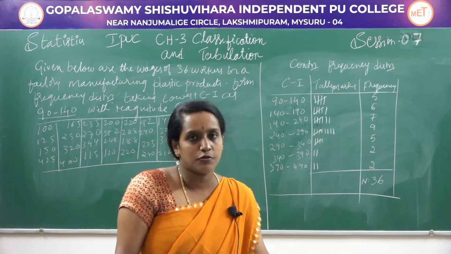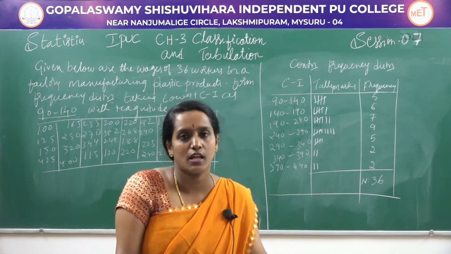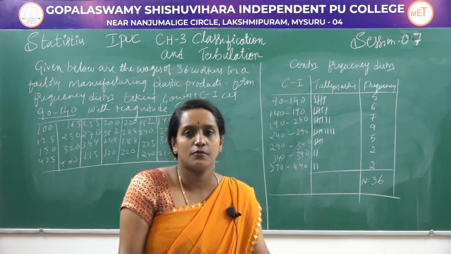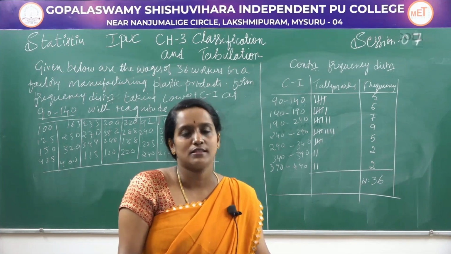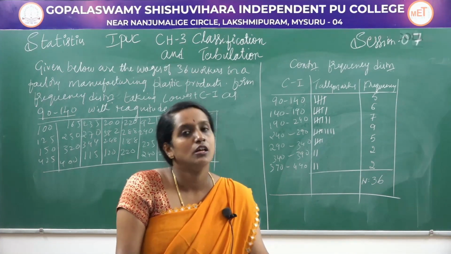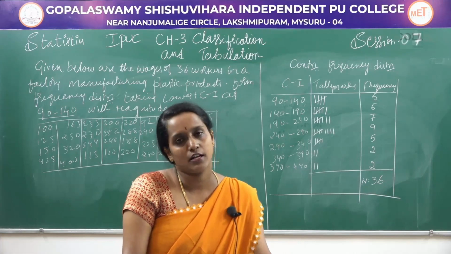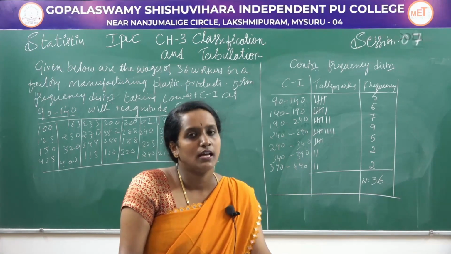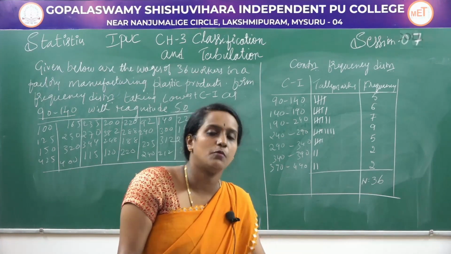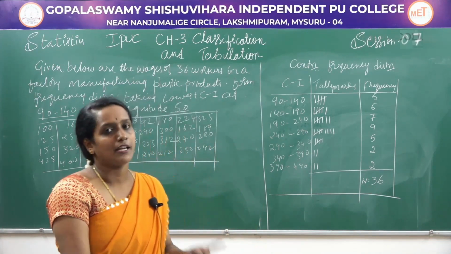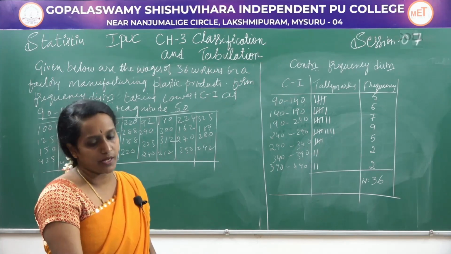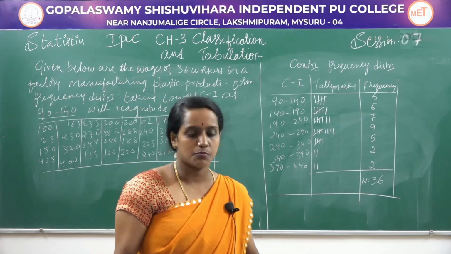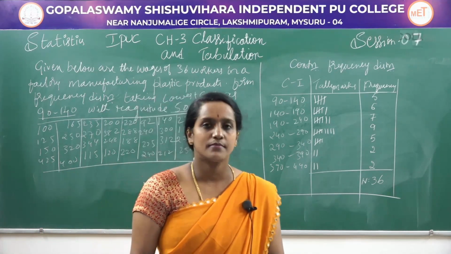Otherwise we first find the range, then the width of the class interval, and then the number of classes. You know how to calculate those things from the first videos. In examination you will get this type of problem for 5 marks, that too in section E, the practical oriented section. So this is a very important concept. Okay, thank you.